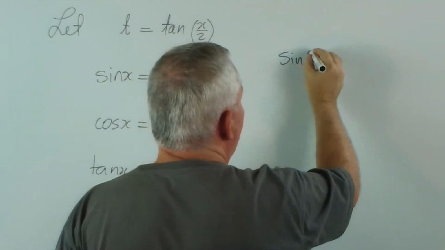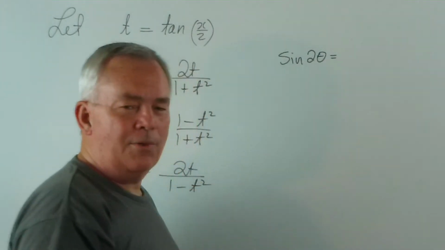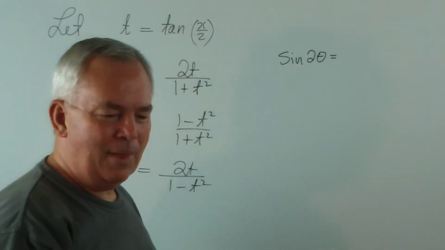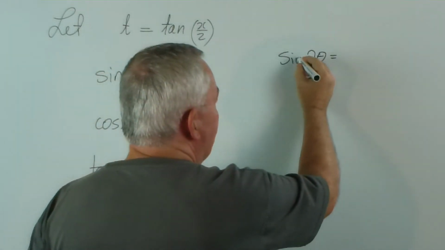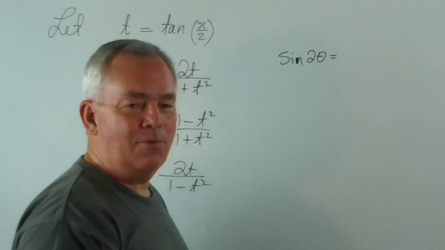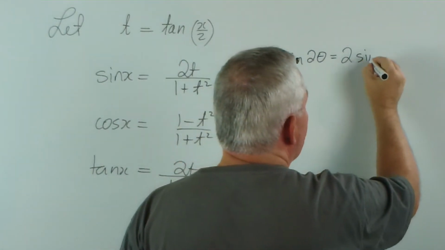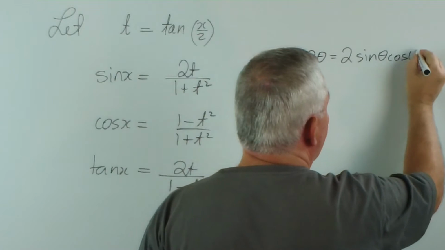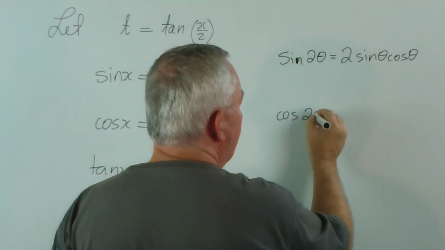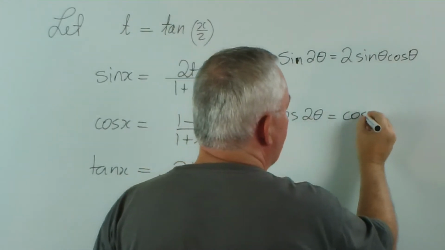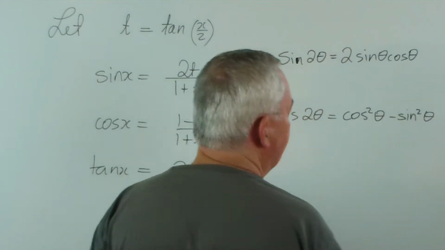So, for example, sine of 2 theta, you should know, if you don't already, then you just probably haven't got to that point in school yet, and I will be creating a later video explaining this anyway. But sine 2 theta is 2 sine theta cos theta. The cosine of 2 theta is cos squared theta minus sine squared theta.